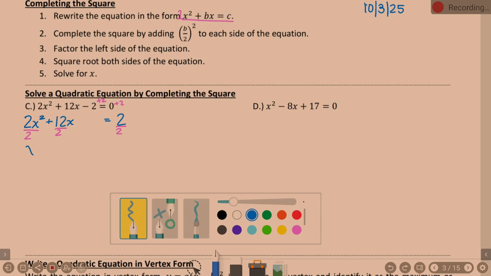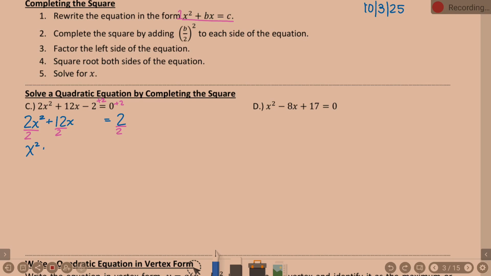So when we divide by 2, we are at x squared plus 6x. This is the important place. I'm leaving a gap. Equals 1. Okay? So that's step 1, moving things around.